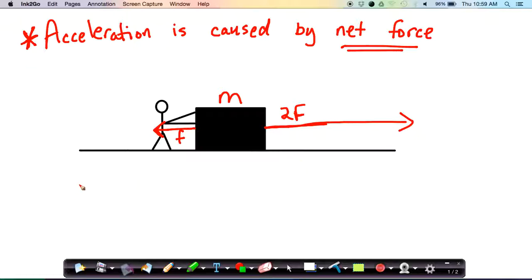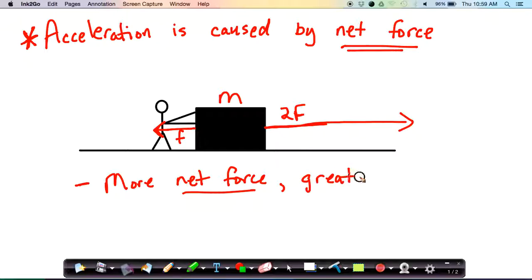So what we see is, with increasing force, we get increasing acceleration for the same mass. In other words, more net force. Be sure we clarify here, it has to be a net force to cause acceleration. More net force leads to greater acceleration for the same mass.